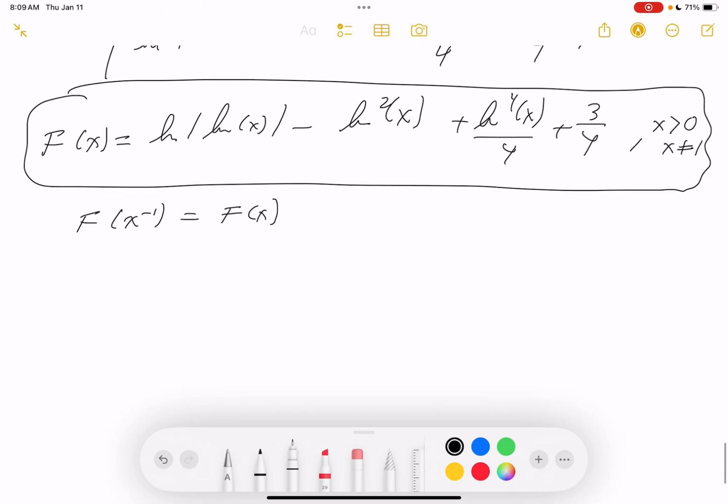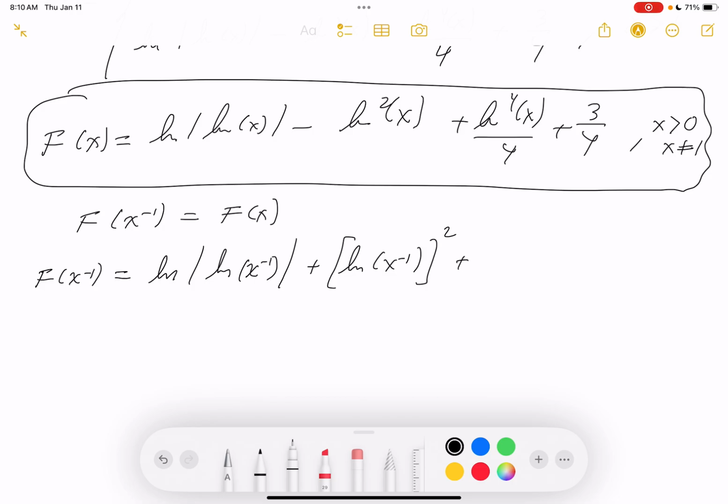Again, we're still in part A. I think I can do that. So let's put down f of x to the minus 1 and see what we end up with over here. Now looking at it, we get natural log, absolute value, the natural log of x to the minus 1. Plus the natural log of x to the minus 1, I'm going to square that.